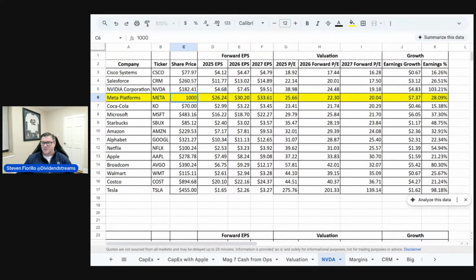We put Meta at 1,000 a share, still less than 30 times earnings. At 1,000 a share, it's 29.75 times 2027 earnings, when Walmart and Costco are trading over 35 times. So at Meta at 1,000, is it still expensive? I don't think so. So yes, I really like Meta here. Just saying. I like Meta. What else can I say?